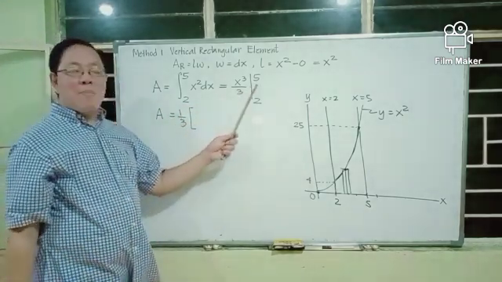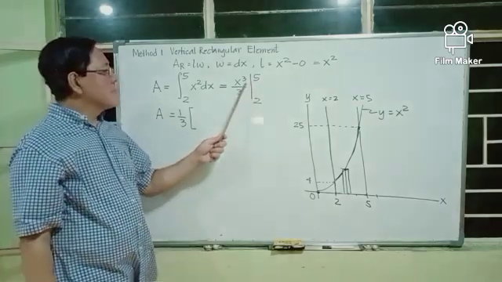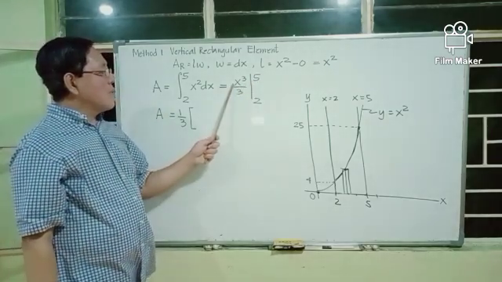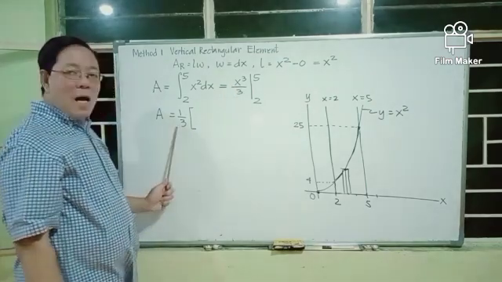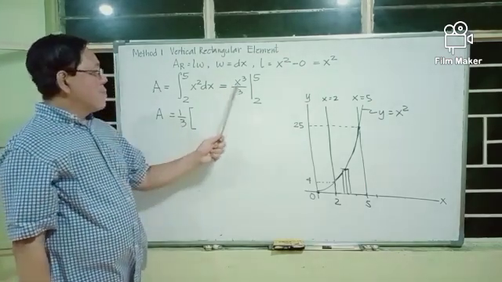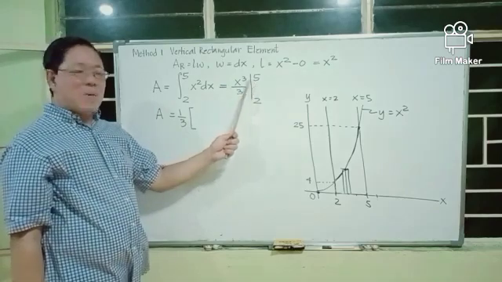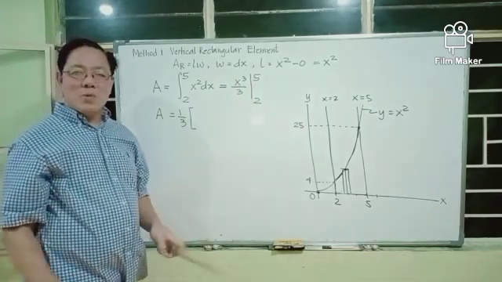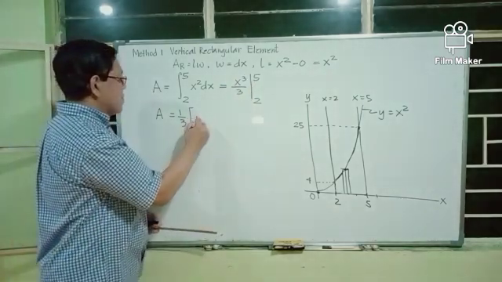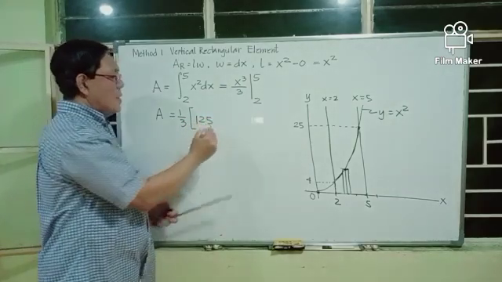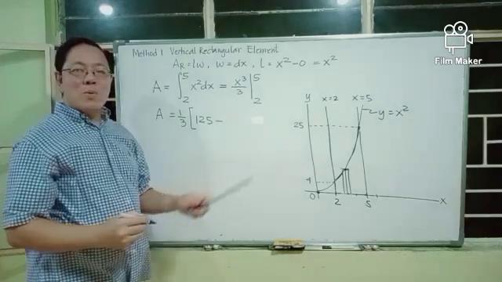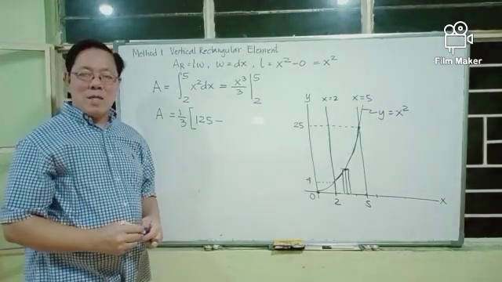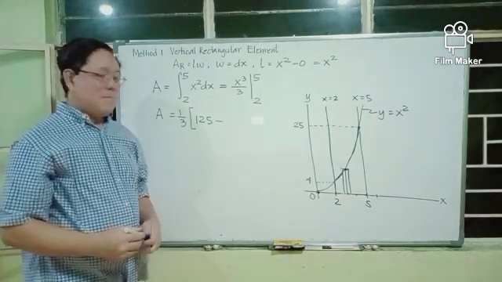We start with the upper limit of integration. When x is 5, you get 5 to the power 3. 1/3 is already out. When x is 5, you get 5 to the power 3, that's 125. Minus, when x is 2, you get 2 to the power 3, that's 8.